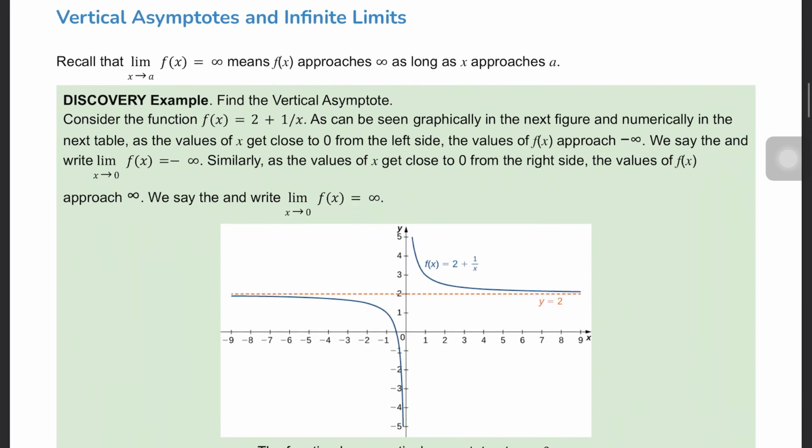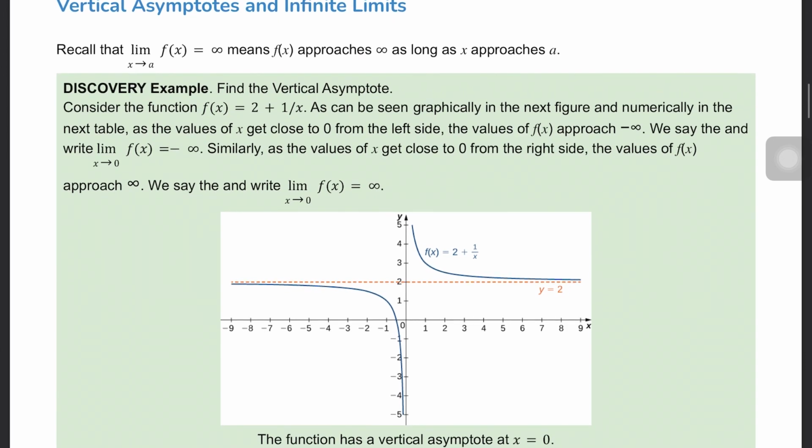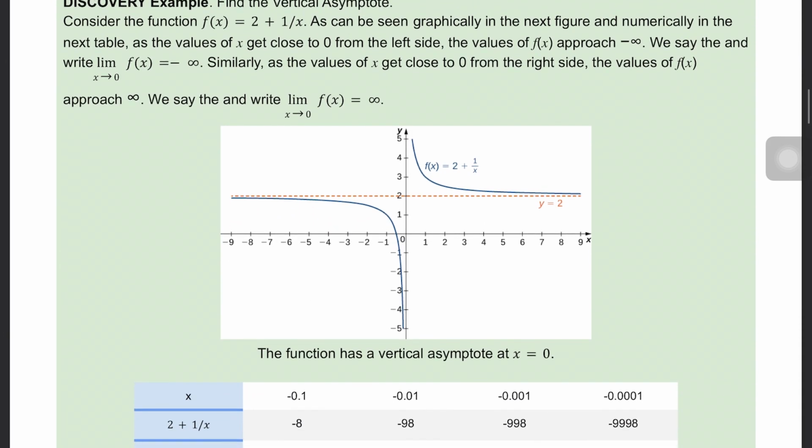So let's talk about this idea. What's going on here? Let's consider the same problem, as we can see in the graph and also in the table. As the values of x get closer to 0, whether from the left side or the right side, let's try with the left side.